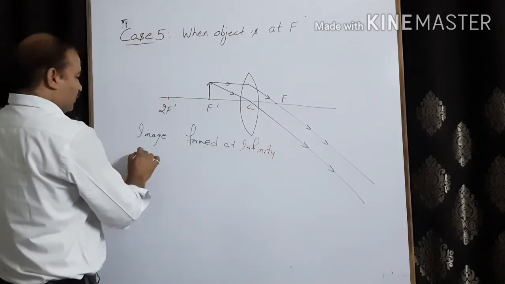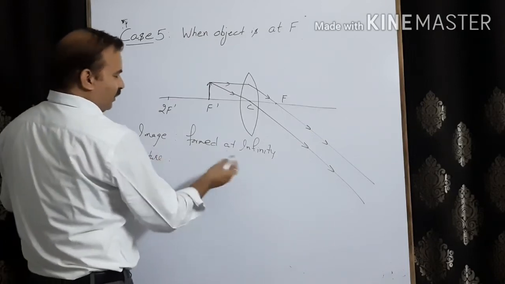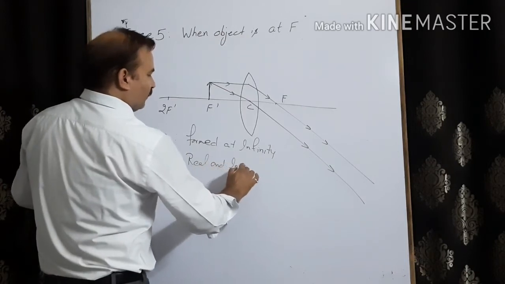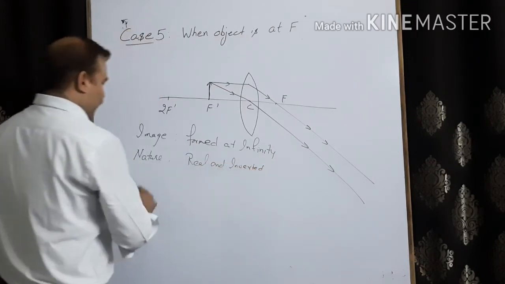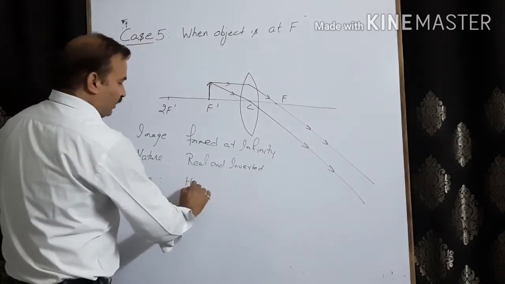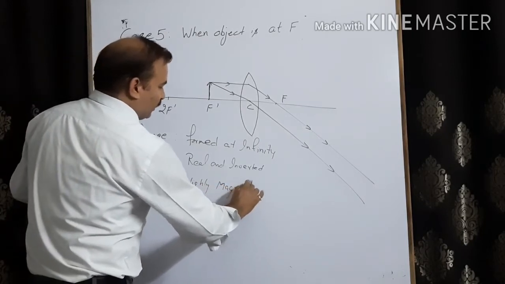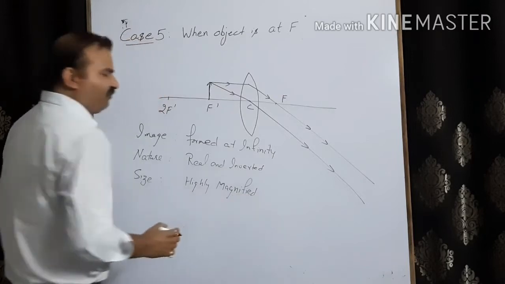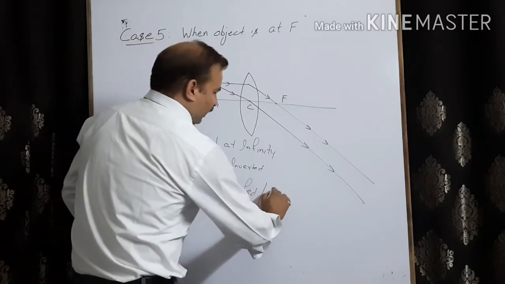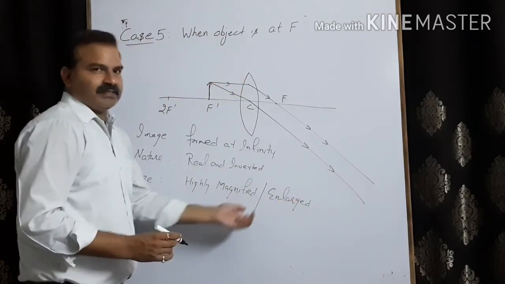The nature of the image is real and inverted, and the size is highly magnified. In a few books, in place of the word magnified, they have used the word enlarged. So that's the same thing.